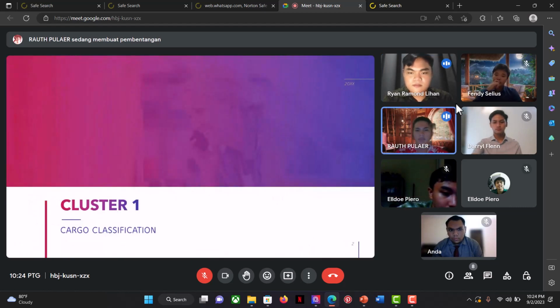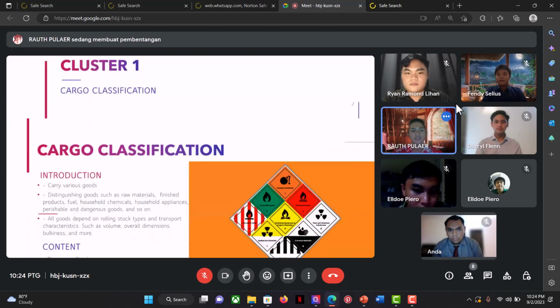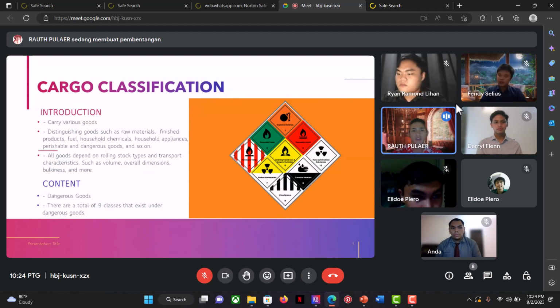Hi, my name is Ralph, as the leader had said. In cluster one, I'll be presenting cargo classification. So what is cargo classification? Cargo classification covers various goods, from dangerous goods, perishable goods, heavy loads, and light loads.